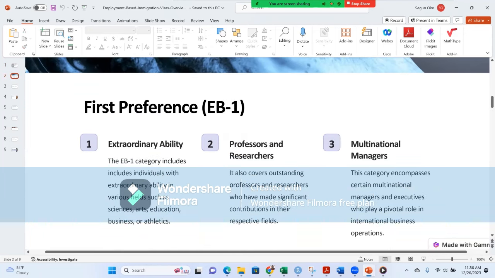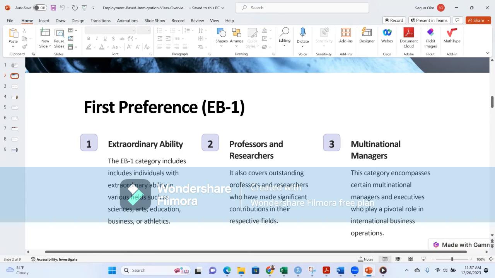So the first category is extraordinary ability, that is EB1. Employment-based one category includes individuals with extraordinary ability. We will discuss extraordinary ability as time goes on, in various fields such as sciences, arts, education, business, or athletics.